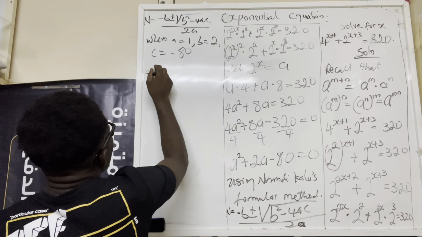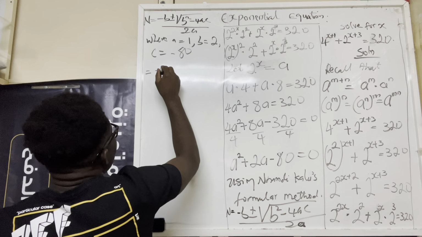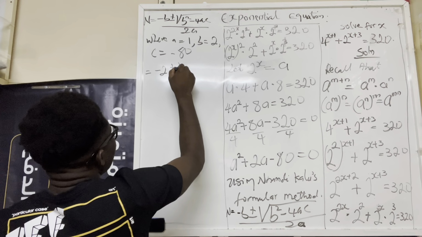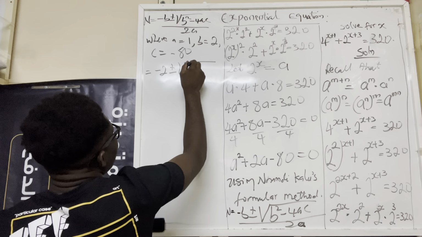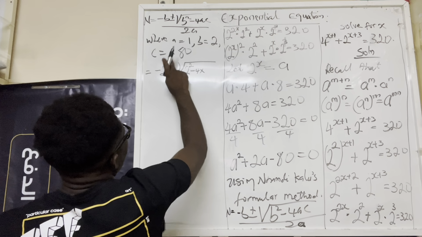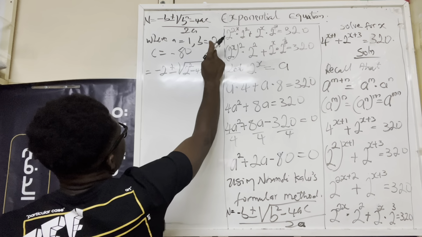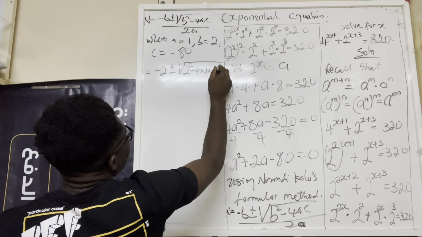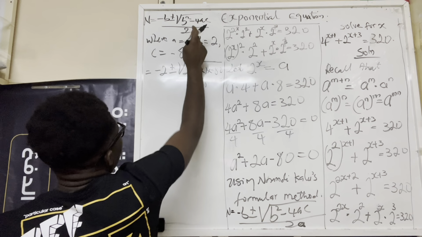Which is equal to minus, our B here is 2, which is minus 2 plus or minus the square root of B squared, which is 2 squared, minus 4 times A, which is 1, times C, which is minus 80, all over 2 times 1, which is 2A.